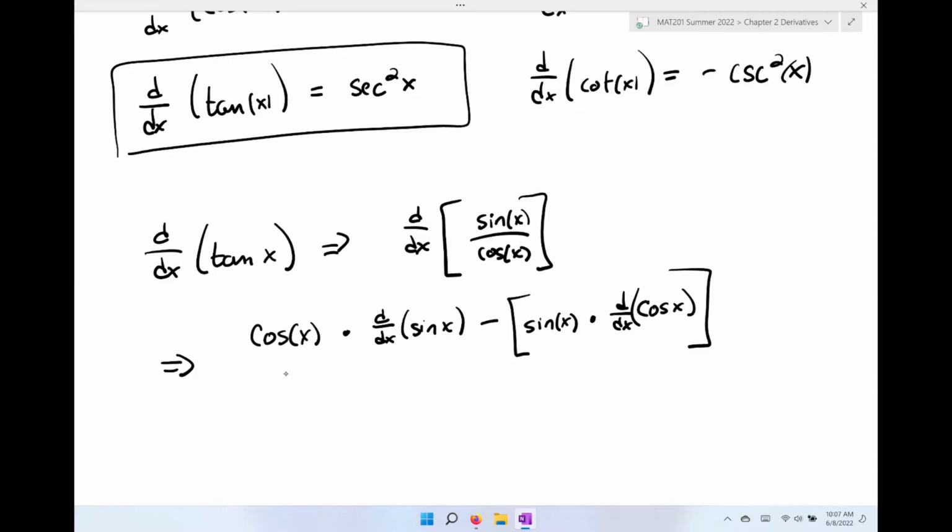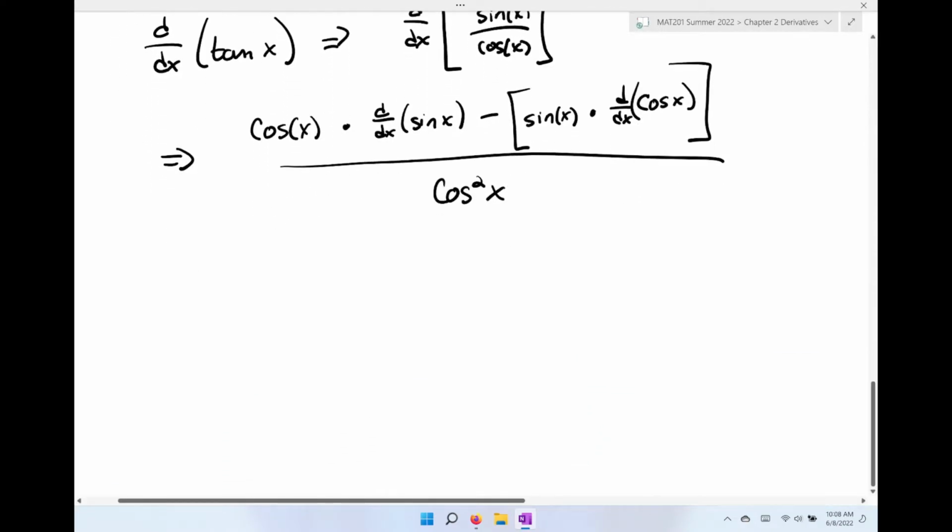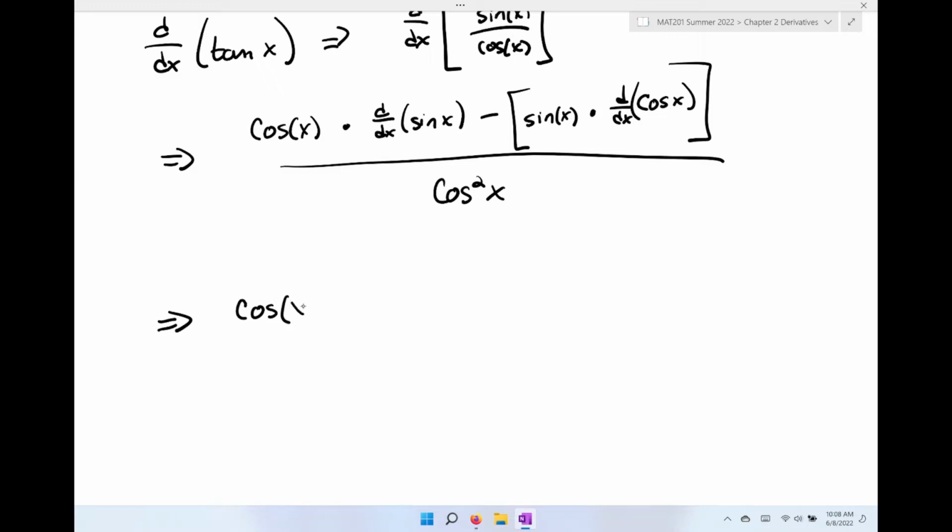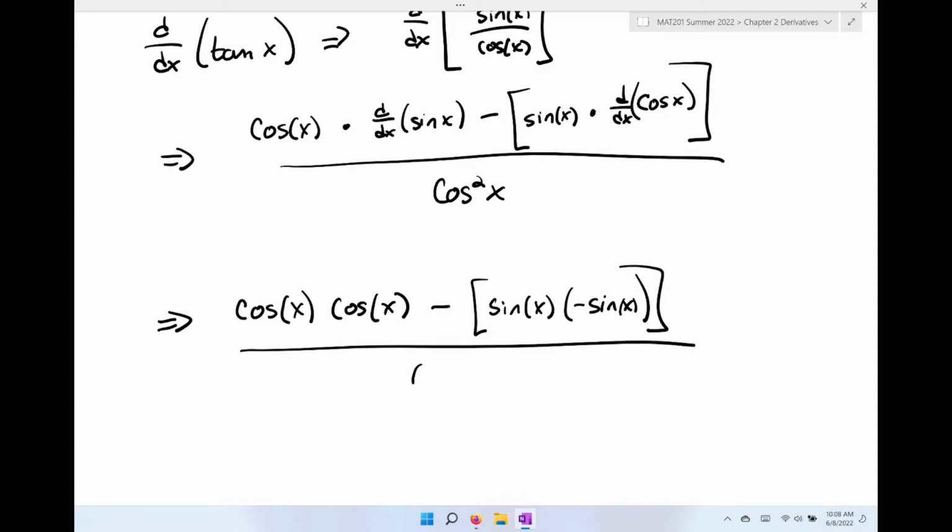There we go. All over cosine squared x. So I'm hoping you can see what's happening here. Now, in the numerator, the derivative of sine is cosine, minus bracket sine x, and the derivative of cosine is negative sine, all over cosine squared x.